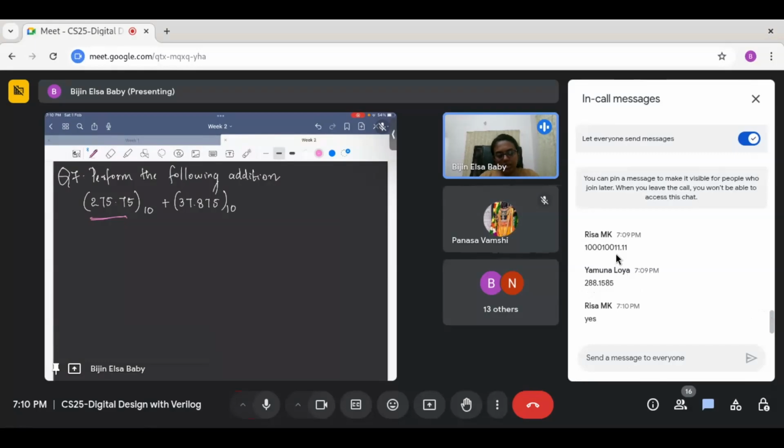Yeah, that is correct. And 00010011 point. This is the binary representation of this value.